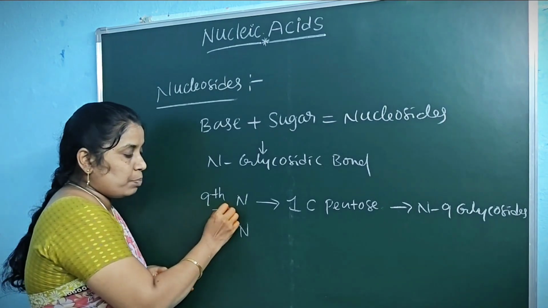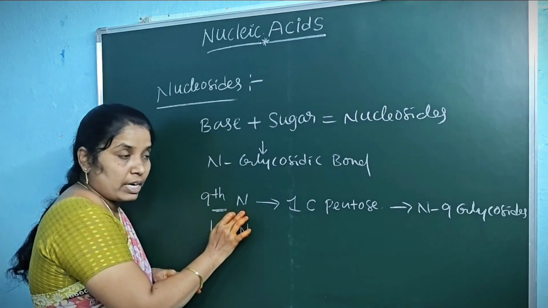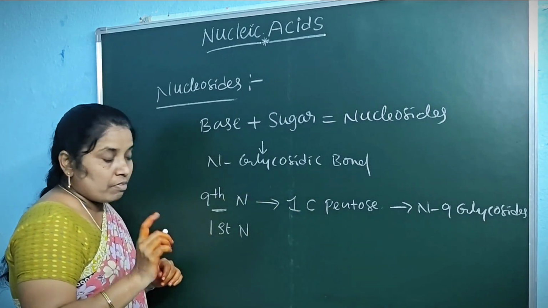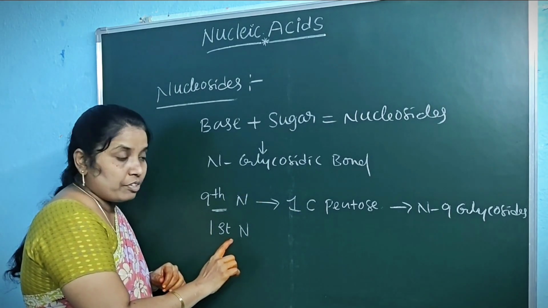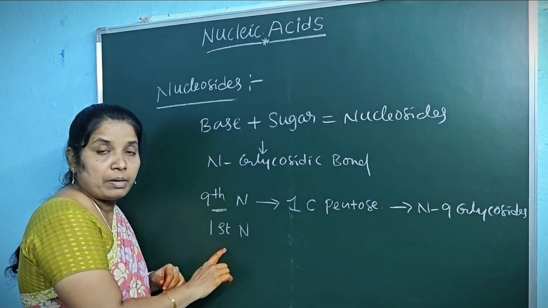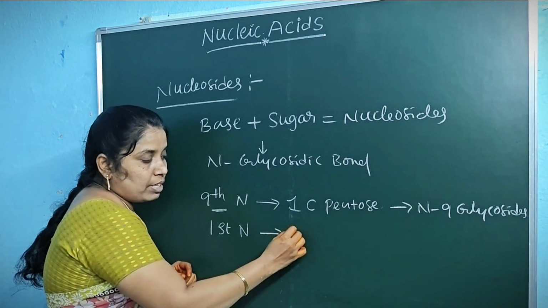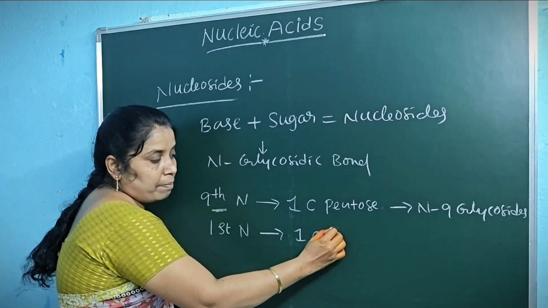So the ninth position of the imidazole ring of purine binds to the first carbon of pentose sugar, whereas in pyrimidine the first position is occupied by nitrogen, so that nitrogen binds to the first carbon of pentose sugar.